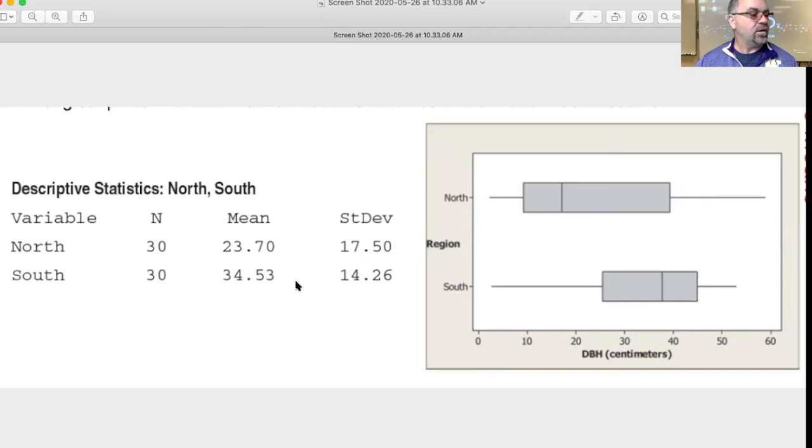And so the first thing we want to do is come up with a confidence interval for the difference between north and south.